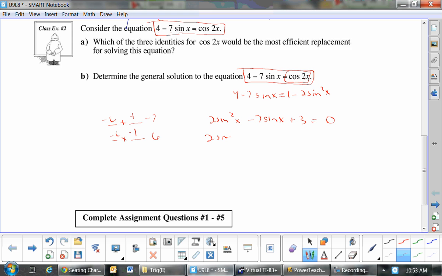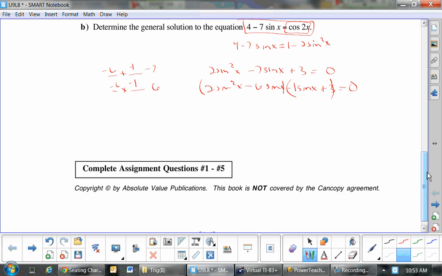2 sine squared x minus 6 sine x minus 1 sine x plus 3 equals 0. Brackets around that one, brackets around that one. I will take out a 2 sine x. It's going to leave me with sine x minus 3.